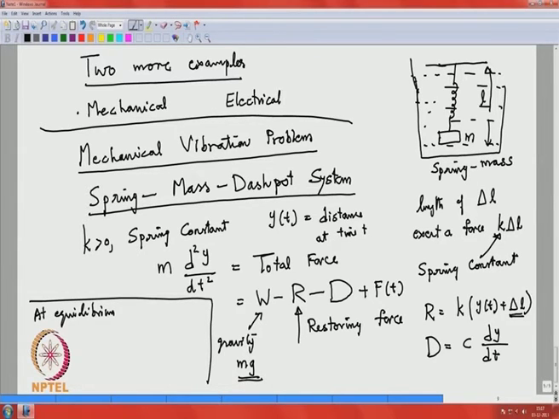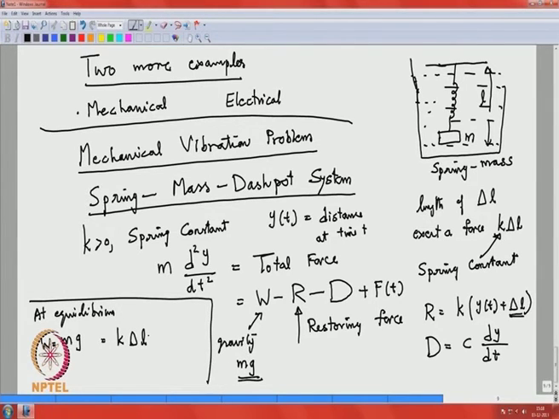So, you will have mg, that is nothing but your W, equal to k into delta L. So, that is what will happen. So, you have to write down the restoring force. I should not put a sign here. So, basically you will have k into delta L.